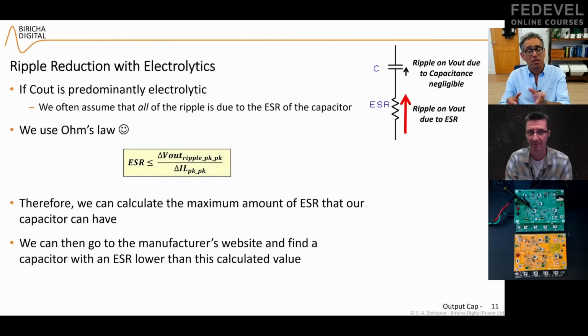But we cannot violate the dip requirements, remember? We said earlier that you must have a capacitance bigger than 150 microfarads. So as long as we have a capacitance bigger than 150 microfarads with an ESR smaller than a value that we calculate from here, that's all we need to calculate.